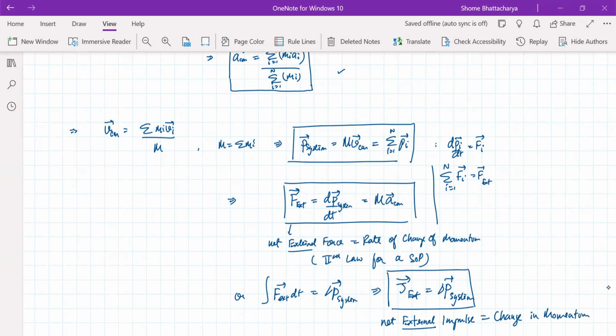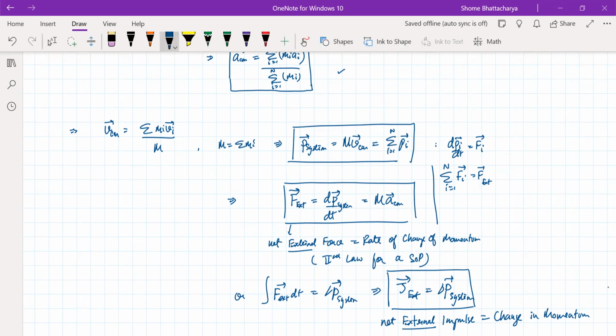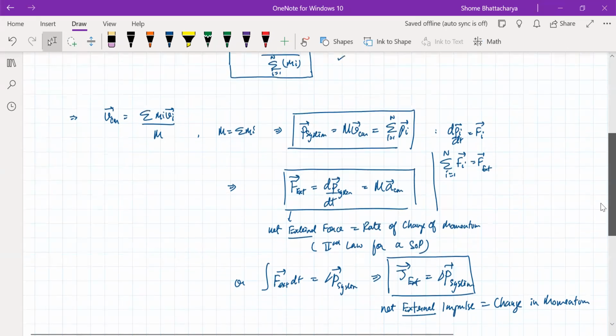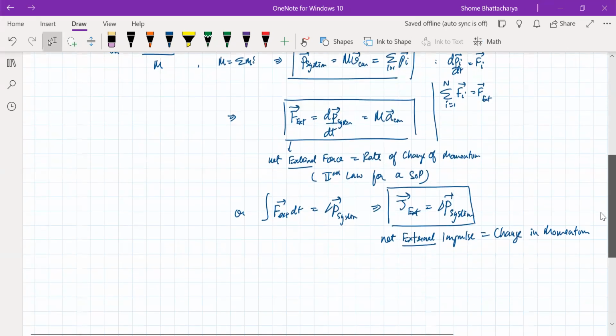So from this point, we have the special category of systems where the net external impulse is zero. So the momentum is conserved. That is the condition for applying the momentum conservation principle. When can we apply conservation of linear momentum to a system? When the net external impulse is zero.